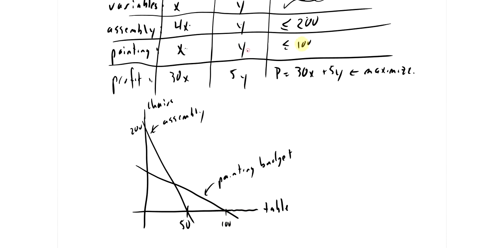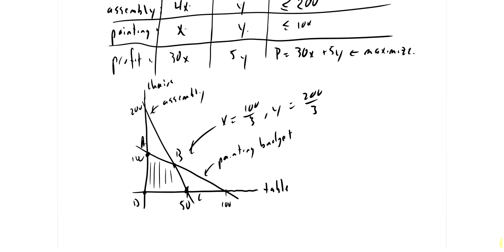And the Y-intercept for painting is also 100. And so this was our feasibility region. And so that gives us 4 corner points. We'll call these A, B, C, and D. And in 5.2, we found the coordinates of this to be 100 over 3 and 200 over 3.